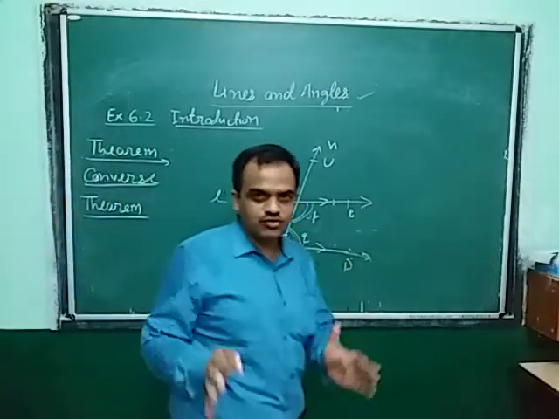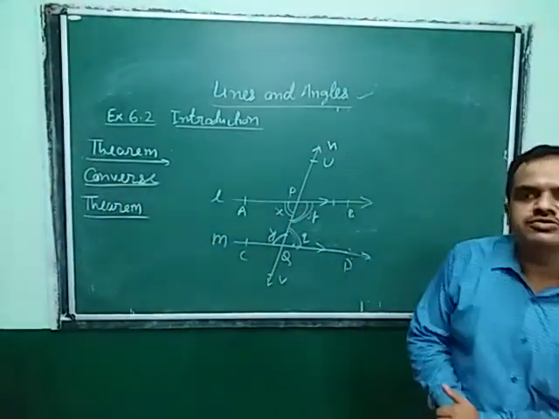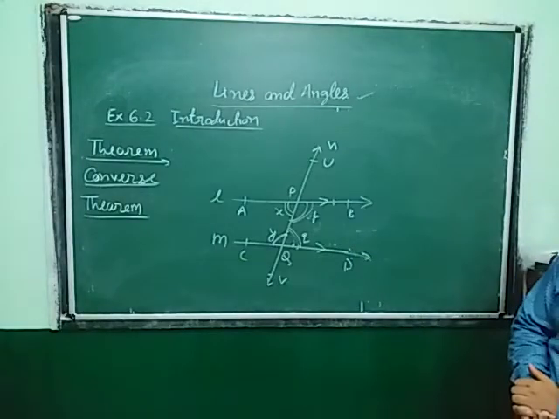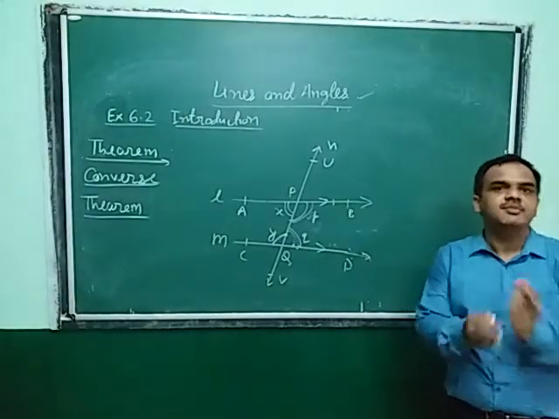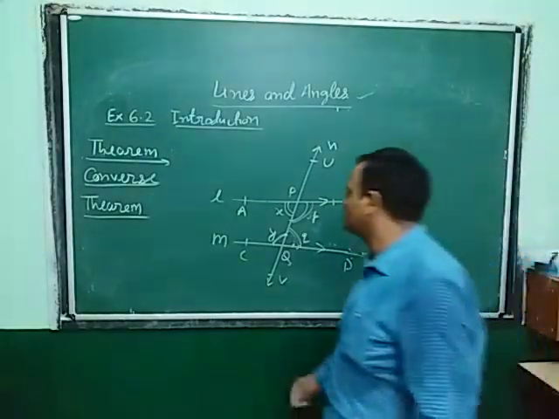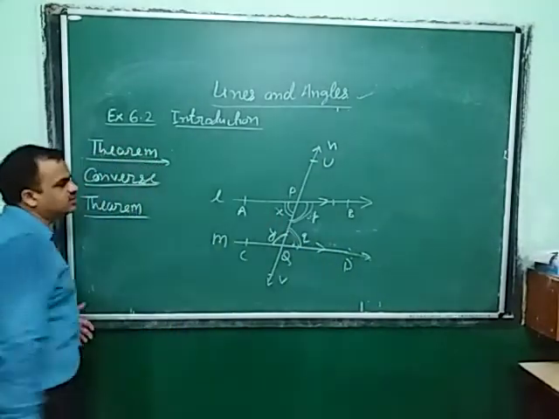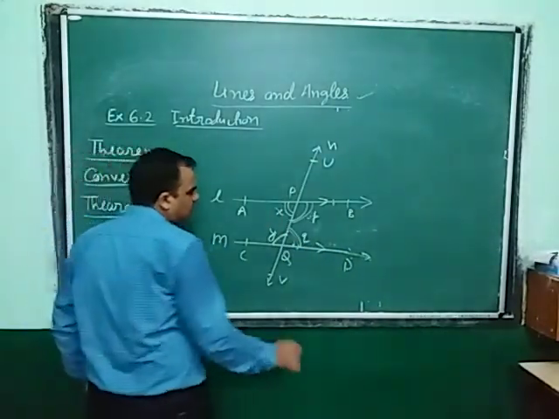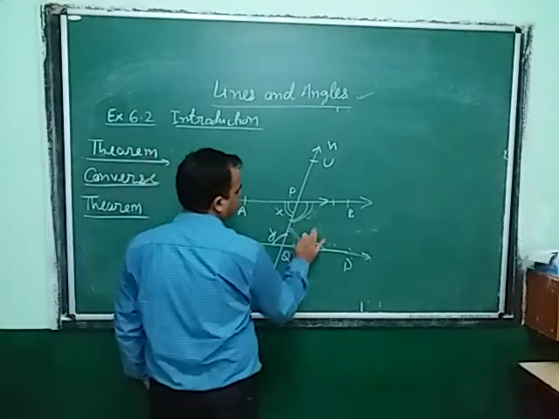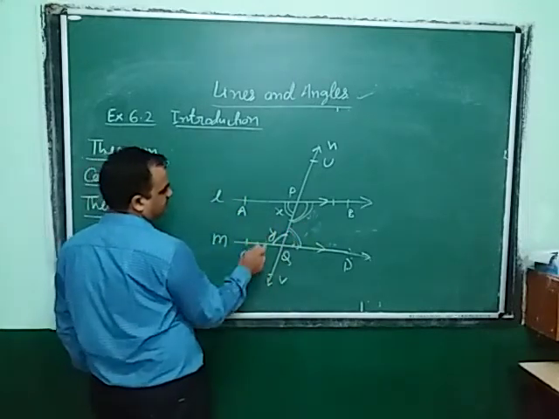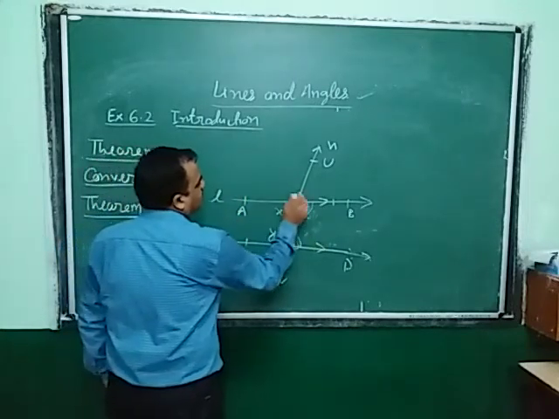So if the sum of two angles is found to be 180 degrees, then they are said to be supplementary. This you have to prove. So let me explain this so that you can easily prove it. Come to this. We are not taking p and q. Consider only X and Y. Now look at this.